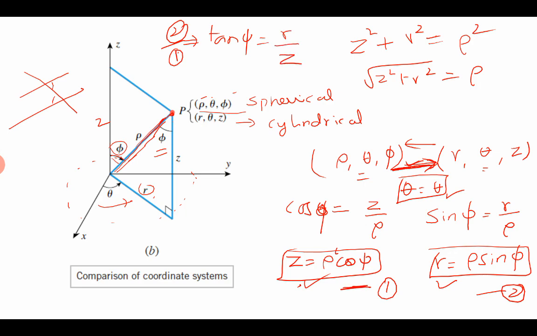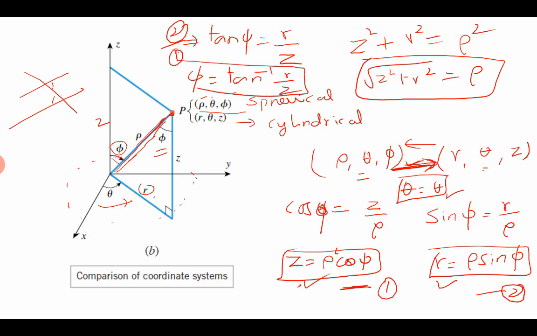Therefore, this is one rule, and phi is tan inverse of r over z. So these two equations, 3 and 4, along with theta equals theta, convert all points in the cylindrical coordinates into the spherical coordinate system. So that's it.